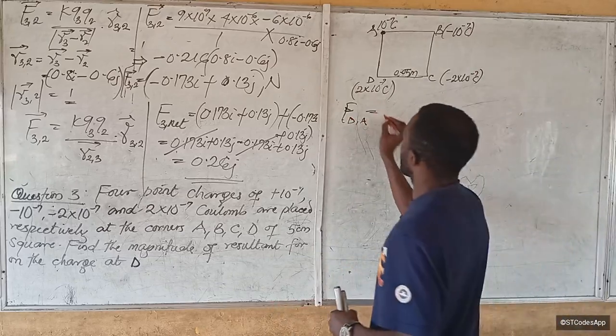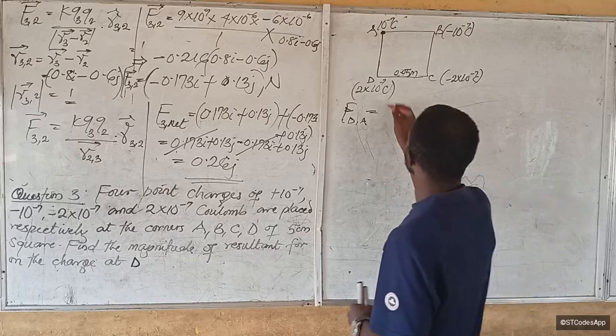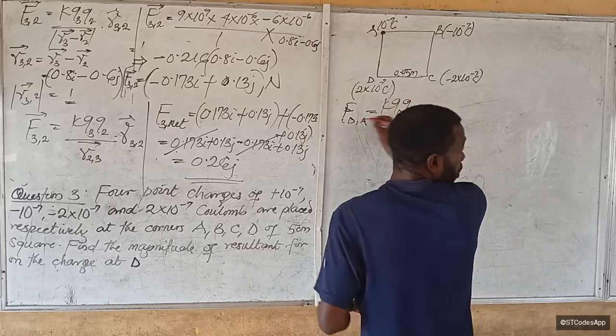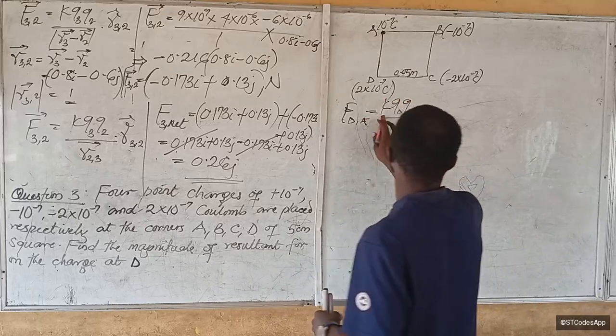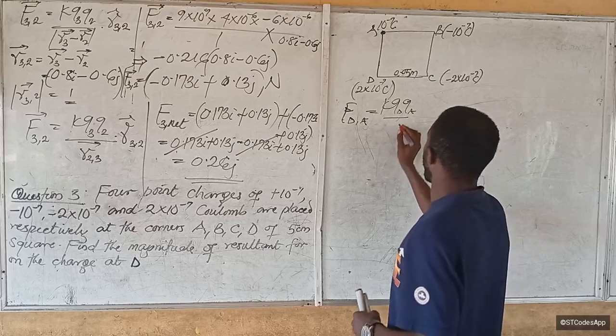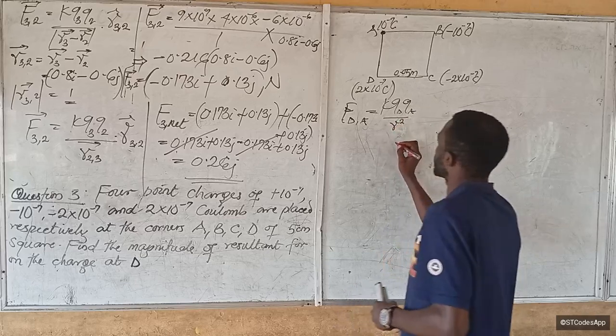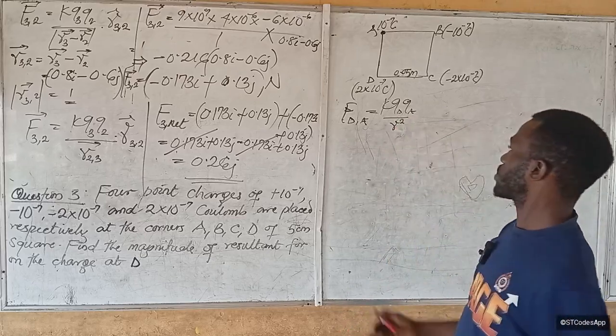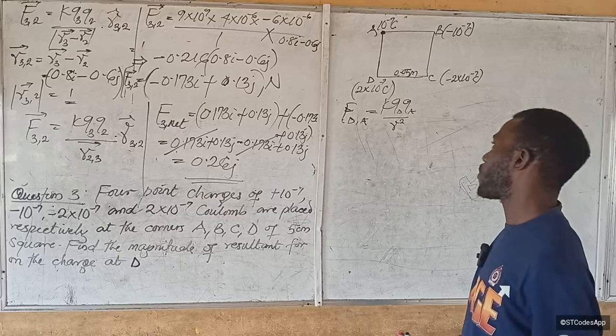Due to charge A, that will become K Q_D Q_A over R squared. There's no need for a position vector here, so we can just go on like this.